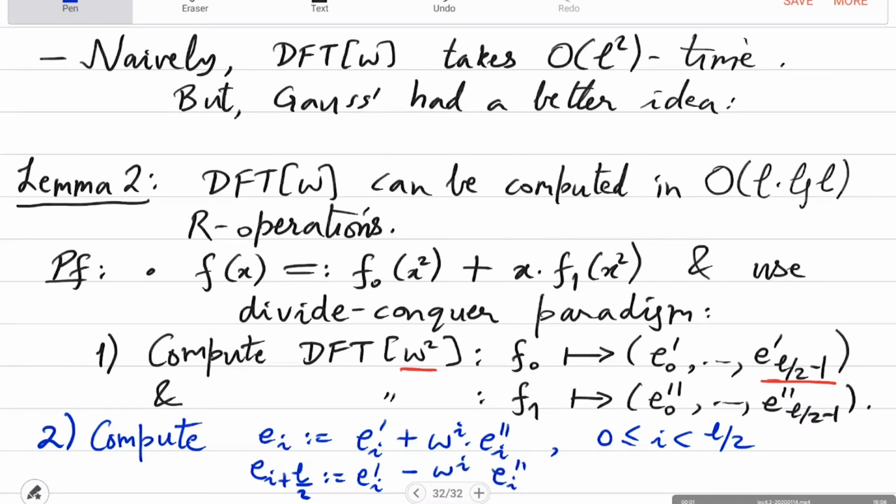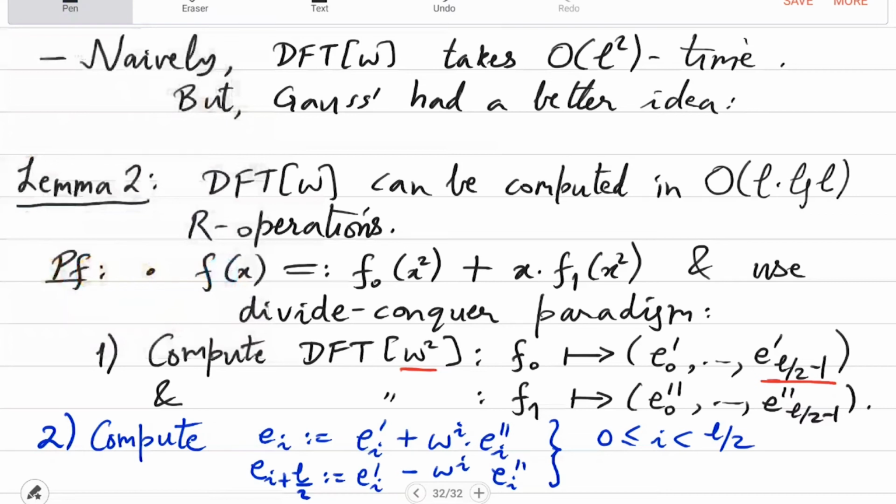Okay. Any questions? So you get all the L coordinates, that is E0 to E L minus 1. So you have this divide step. Now you have the merge step, and that's it.